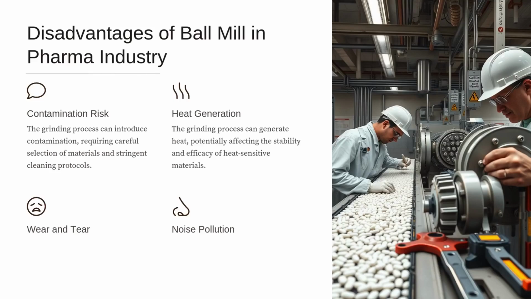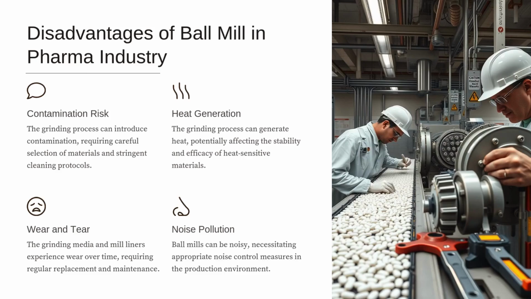During grinding or size reduction, there is a good chance of heat generation, which can potentially affect the efficacy and stability of the product, and it is most harmful for heat sensitive materials. Then wear and tear. The grinding media and mill liners experience wear over time, requiring regular replacement and maintenance. The next one is noise pollution. Ball mills can be noisy, necessitating appropriate noise control measures in the production environment.